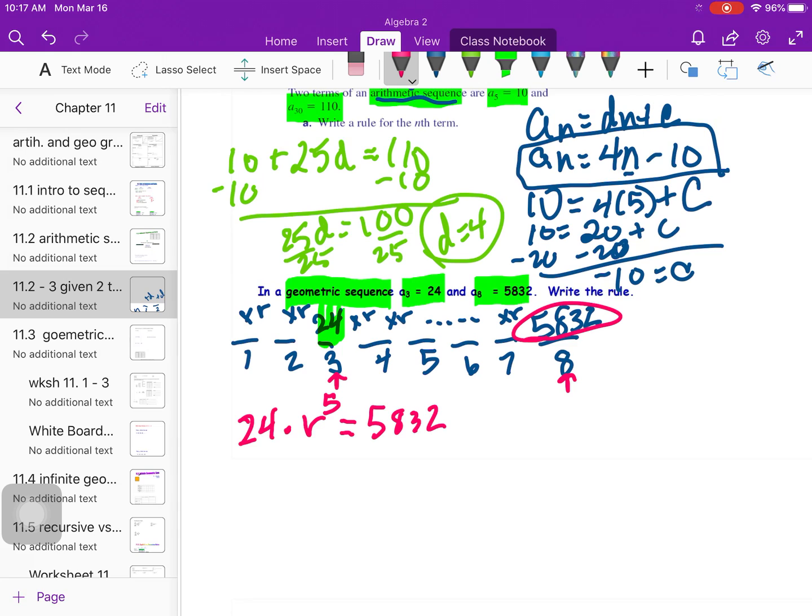So the difference here is that we were multiplying by that many r's, whereas up here we're adding that many d's. So when you add, it is times the d. When you multiply, it is the ratio raised to that power. So continue solving this. Divide by 24, and I get r to the fifth equals 243.